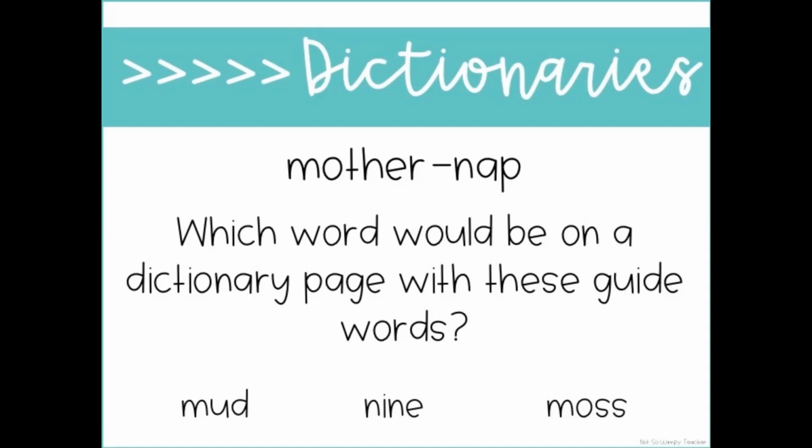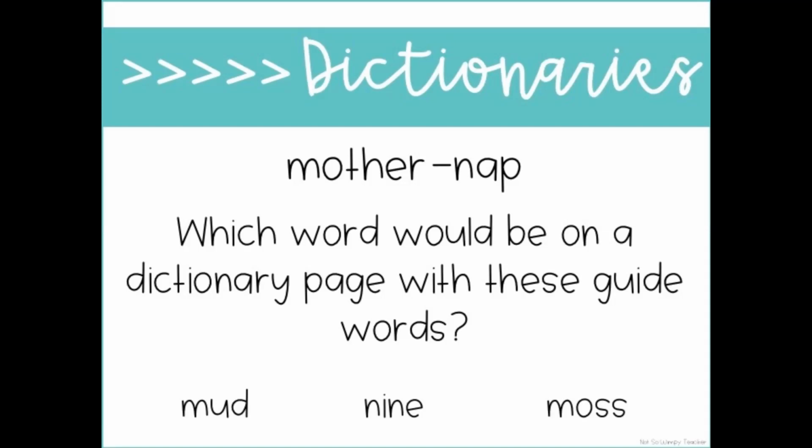What about nine? We've got to look at that second letter again, N-I. A comes before I because it's the first letter of the alphabet, so nine is going to come after nap. So we know we can toss nine out. It's not going to be found on that page. The last one is moss. So is this one going to come before or after mother?